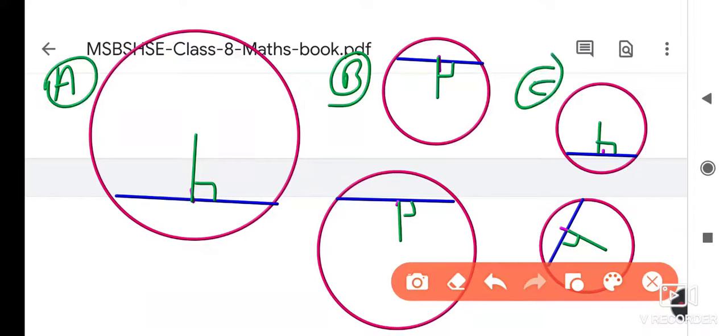In each figure the angle is 90 degrees, and from this we infer that the line which joins the midpoint of the chord and the center of the circle is perpendicular to that chord. The first property we saw is that the line which is perpendicular to the chord bisects the chord, and this is its converse, or its opposite. We verify this property by using this activity.